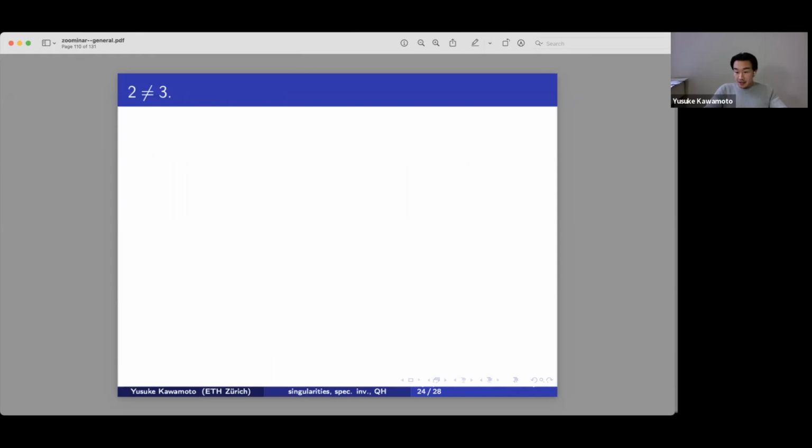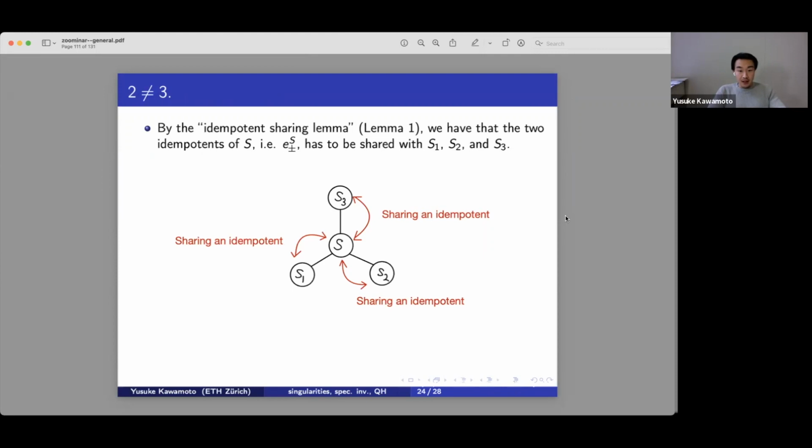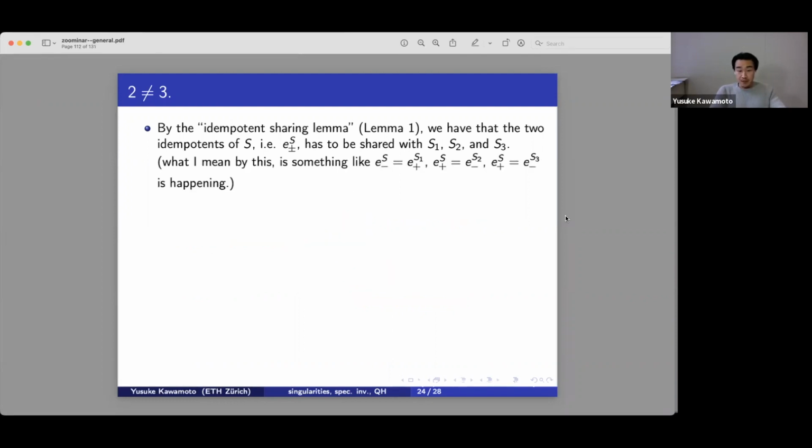So now the proof basically uses the fact that 2 is not equal to 3. By the idempotent sharing lemma, S, the central sphere, shares an idempotent with each one of the surrounding ones. But let me remind you that each of the spheres only produces two idempotents. So you have something like E_S minus equals E_S1 plus, and E_S plus equals and so on. You have these kinds of idempotent sharing properties.